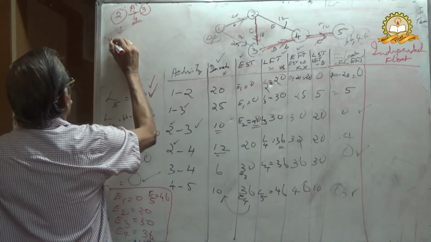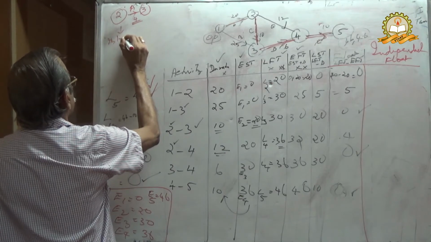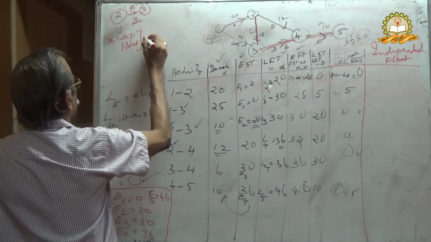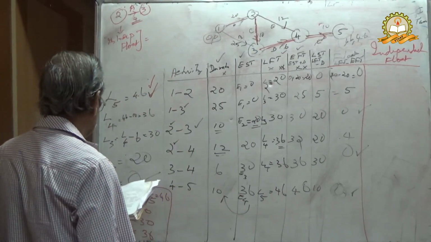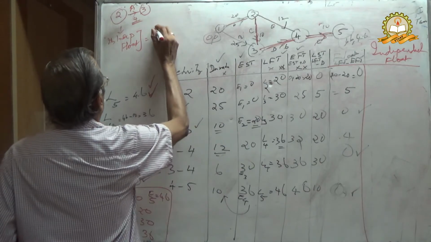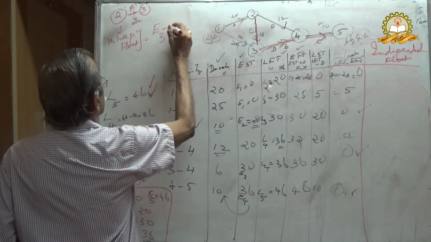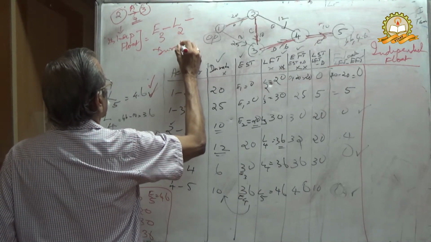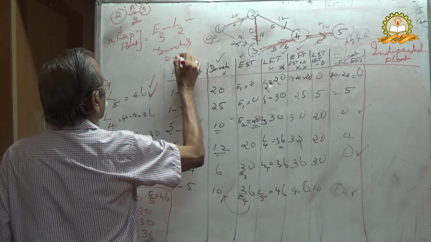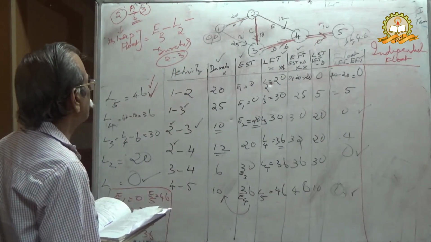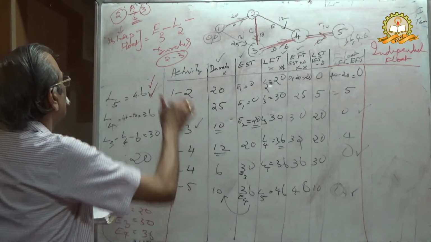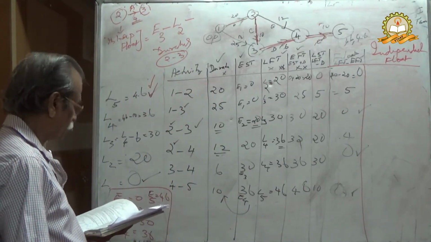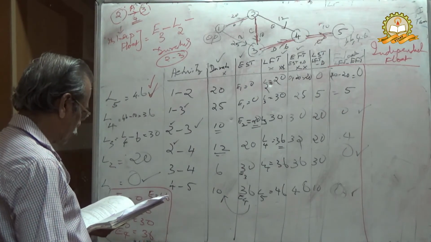Its independent float is defined as E3 minus L2 minus duration of 2-3. Independent float of 2-3 is E3 minus L2 minus duration.